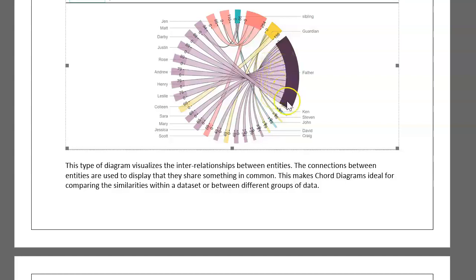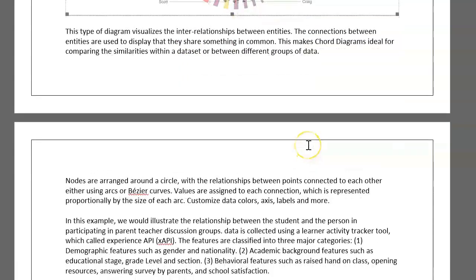So this can be called a chord diagram in the Microsoft world, because this graph was done in Microsoft Power BI. Power BI has an add-on called chord, so you can just install that chord app in Power BI. It's like an add-on.